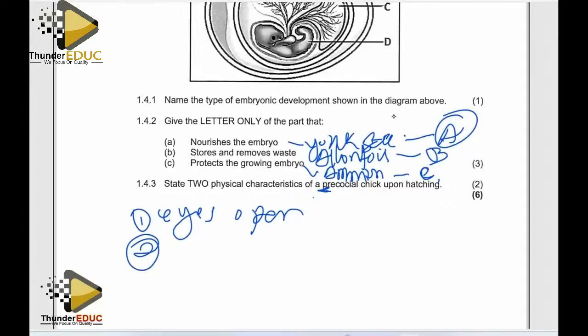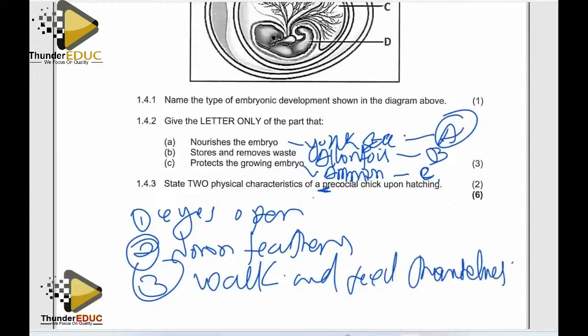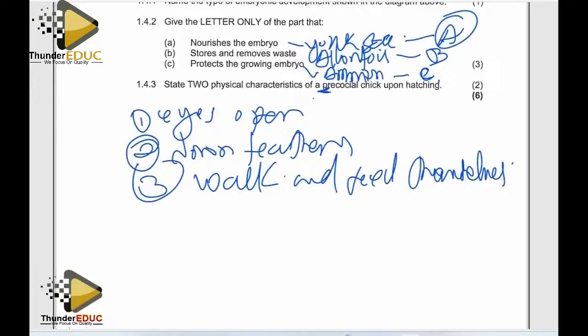They are covered with down feathers. Then you can talk about their ability to walk, and they feed themselves. Those are some of them. Any other you have written, as long as it's correct, you get a mark.